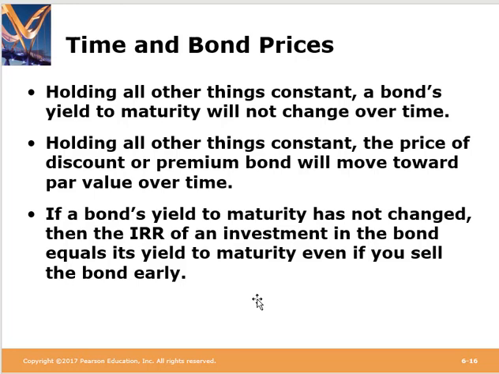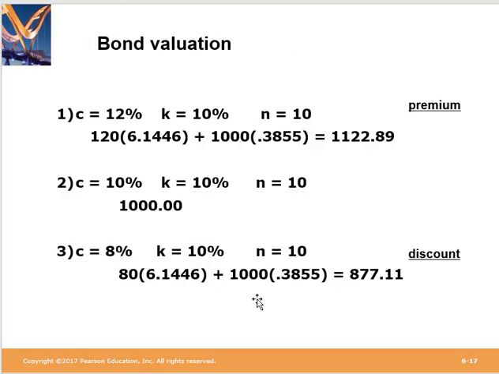And we know that in the world that we live in, that really doesn't happen, right? Things do change. So let's look at these 3 bonds here. These bonds all have the same maturity of 10 years, and they all have the same required return of 10%. If the coupon is 12, again, 12 is greater than 10, so we know this is going to sell at a premium, so this bond would actually sell for $1,122.89.